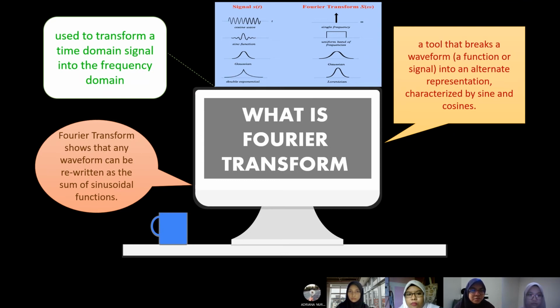Fourier transform can also show that any waveform can be rewritten as the sum of sinusoidal functions. Okay, next slide.